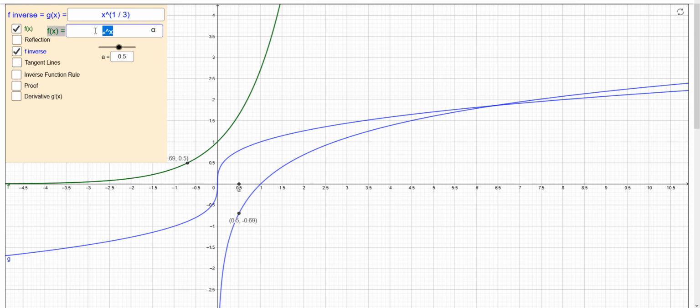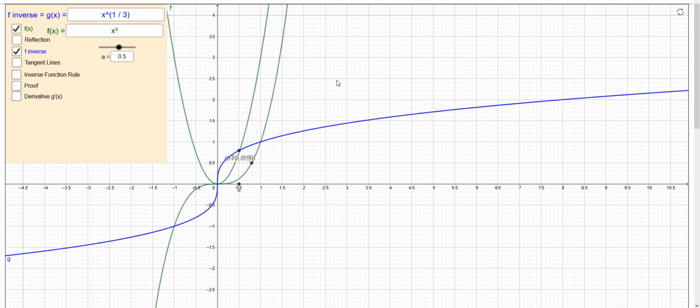And its reflection should be x cubed. Now we should be down to just one blue graph now.